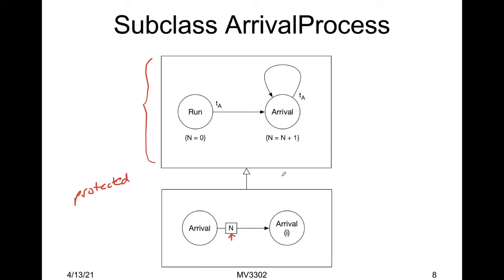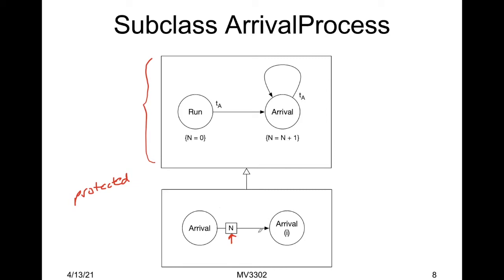So why protected? Well, one of the reasons is that now in this subclass we can have direct access to the state variable. And so when we do this, we can just say waitDelay arrival 0, and then number of arrivals. We could do that. If we didn't, we could still use the getter. That would work fine too. So we have our choice.